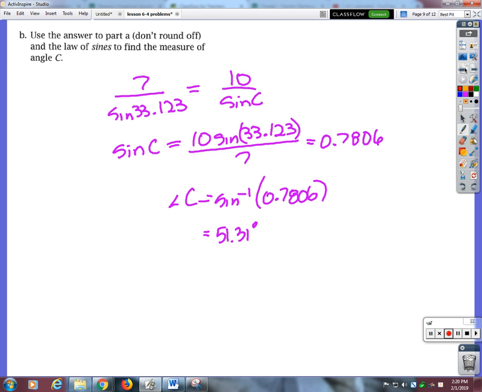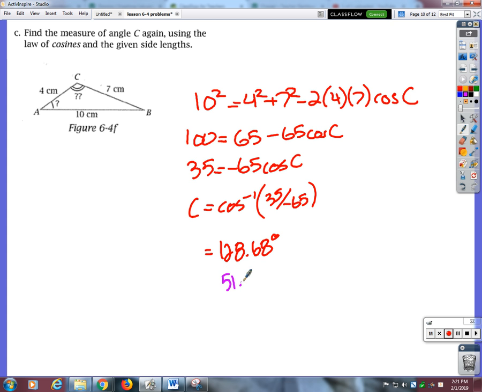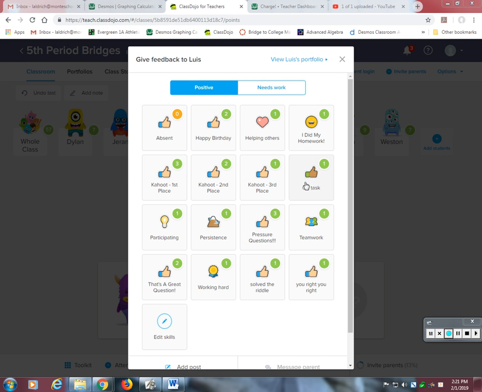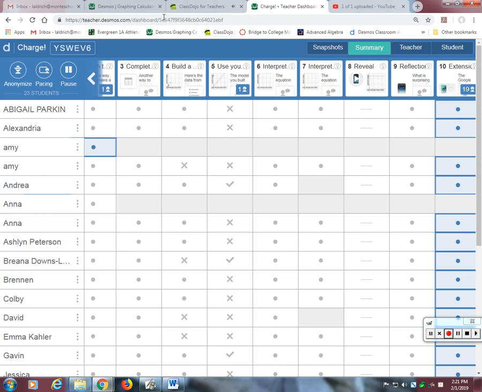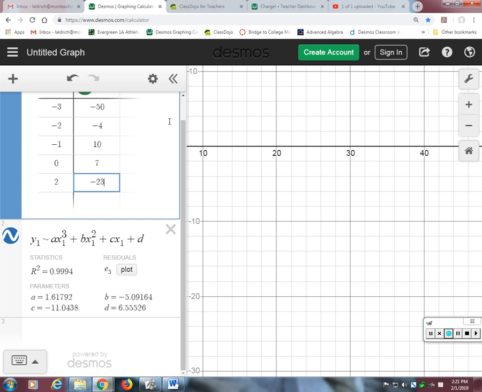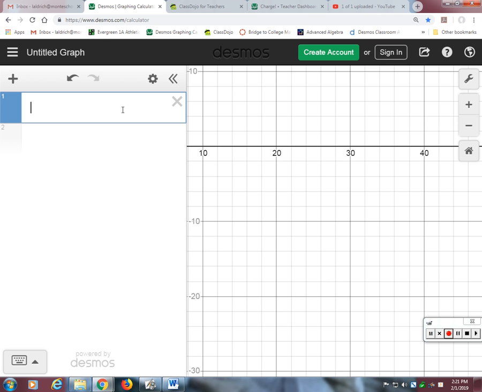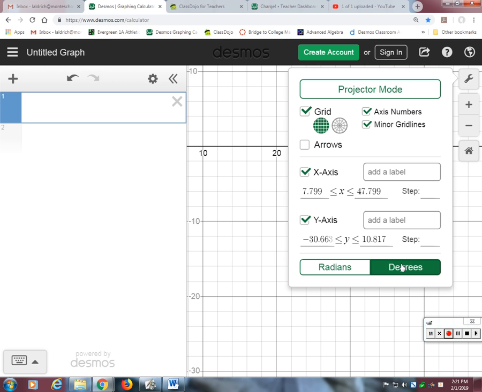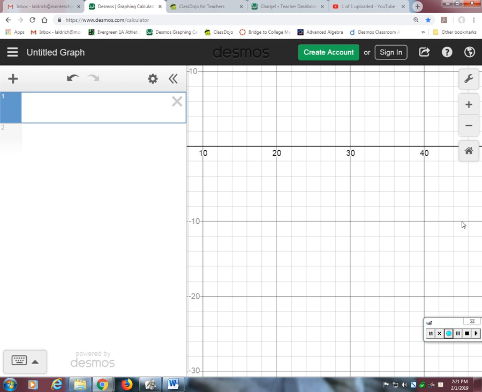When we figured out what the measure of angle C was before, we got 51.31. Hang on just a second. Inverse cosine.